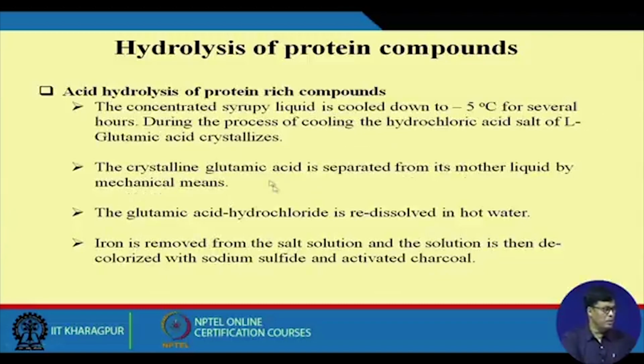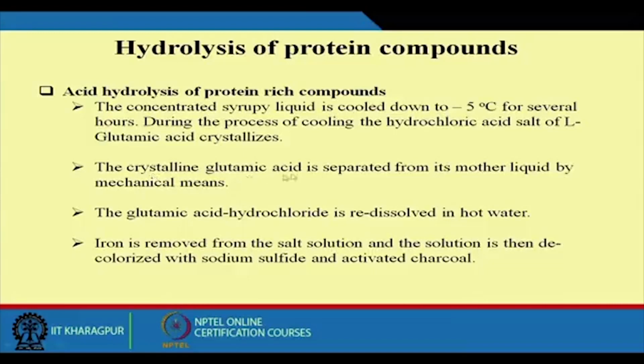Now in the acid hydrolysis of protein rich compound, the concentrated syrup liquid is cooled down to -5 degrees centigrade for several hours, and during this process of cooling the hydrochloric acid salt of L-glutamic acid crystallizes out. We have already seen in case of citric acid fermentation process also, as your temperature reduces, the citric acid crystals will be separated out. Here also it is similar to that.